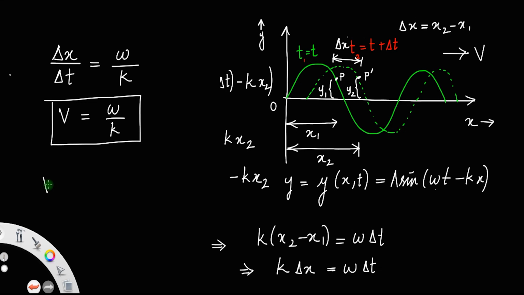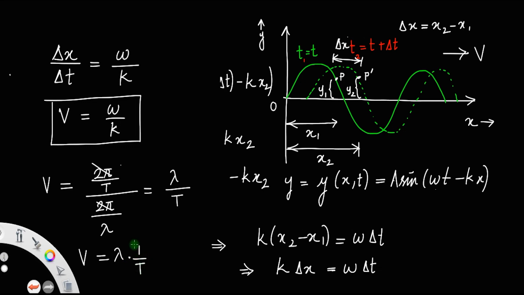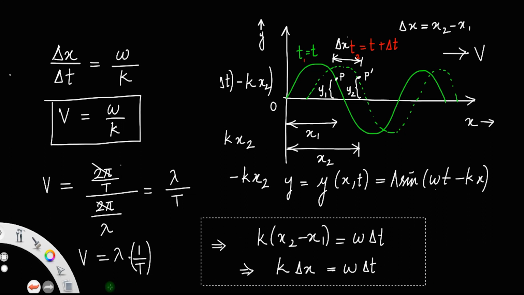Now you can simplify this. v equal to omega, which is 2 pi by T, the time period, divided by k, which is equal to 2 pi by lambda. k represents the wave number. 2 pi will get cancelled. This is equal to lambda divided by T, or v is equal to lambda into 1 by T. What is 1 by time period?